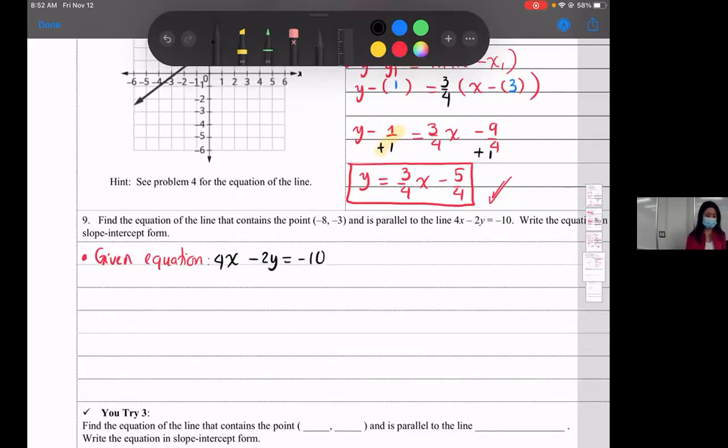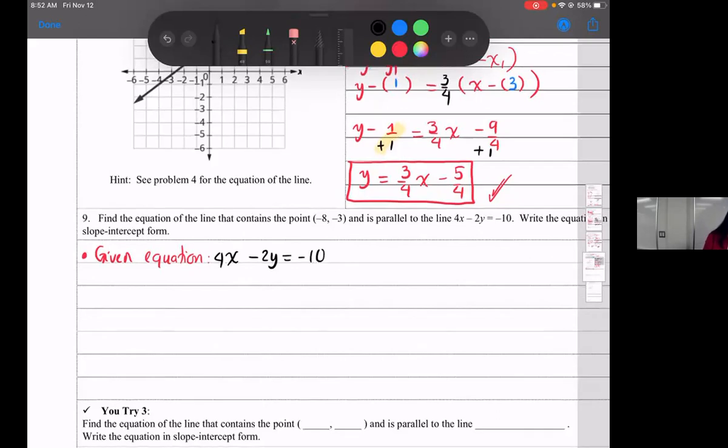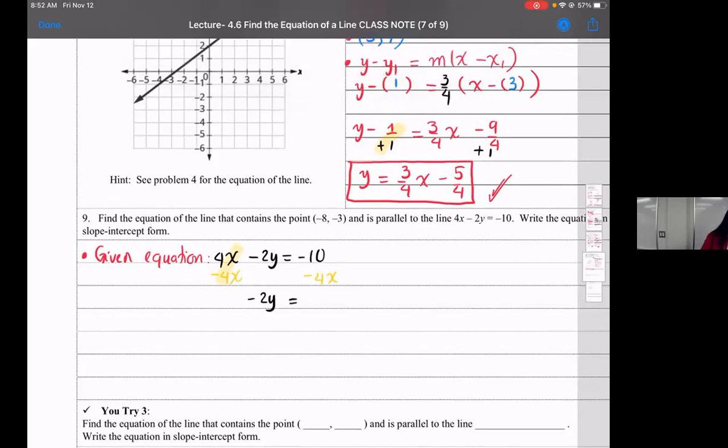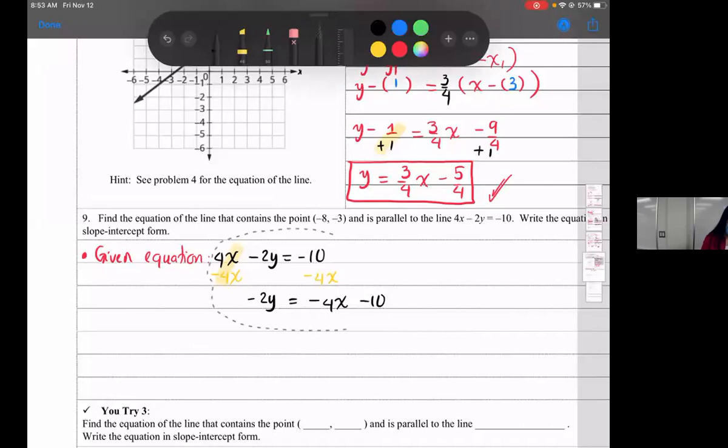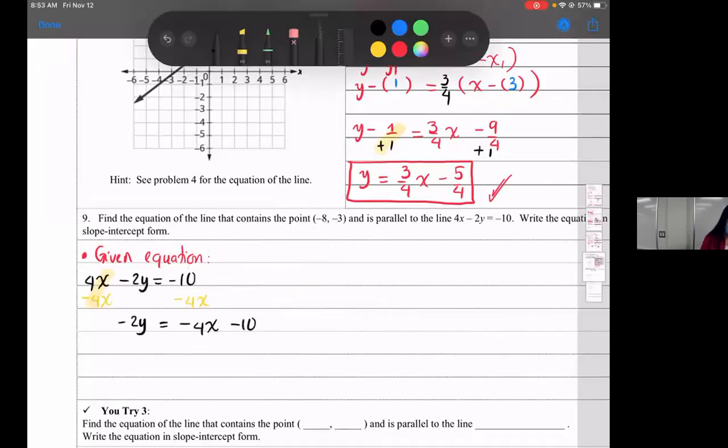What do I do to this equation? Yeah, I need to change it into slope-intercept form. So subtract 4x. That's gone. Then I have -2y equals -4x minus 10. Let me move it down here so I have space.